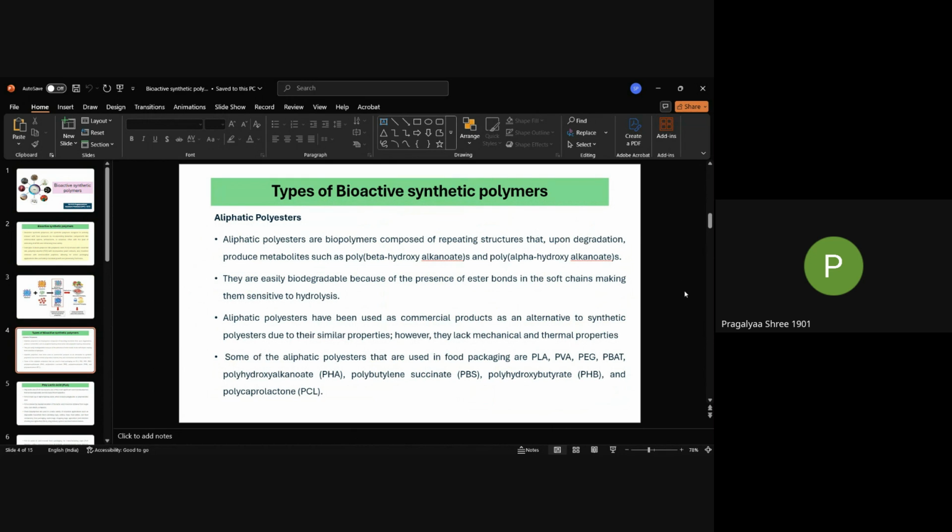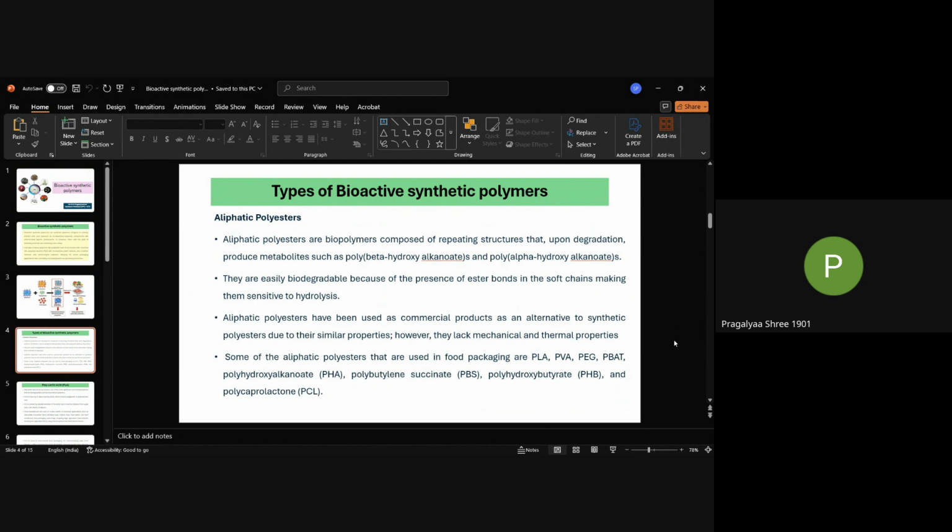Types of bioactive synthetic polymers: aliphatic polyesters is the first one. Aliphatic polyesters are biopolymers made up of repeating structures. When they undergo degradation, they produce metabolites like poly beta hydroxyalkanoates and poly alpha hydroxyalkanoates.